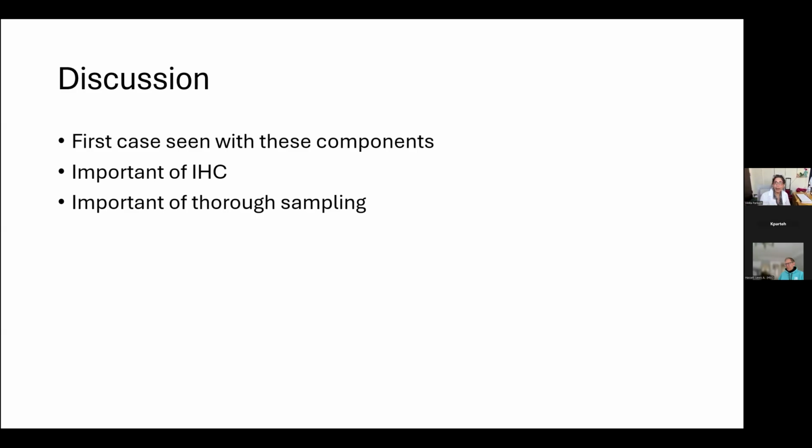So just throwing that out there. I don't know how large this focus was, so not sure. Obviously, if it raised the concern, then yeah, you would do the BCL2, the BCL6, the CD10 and all of that. But all right, now I'll stop.